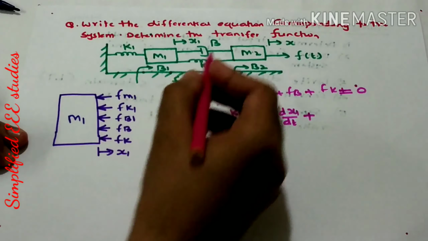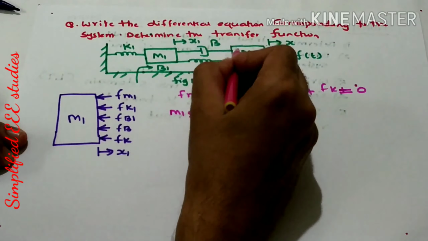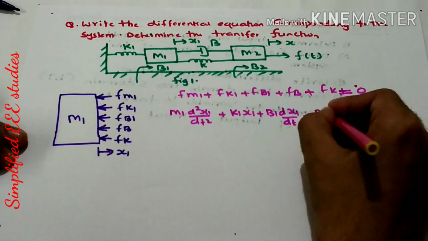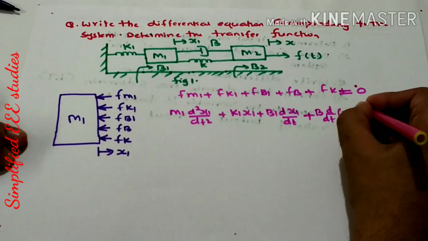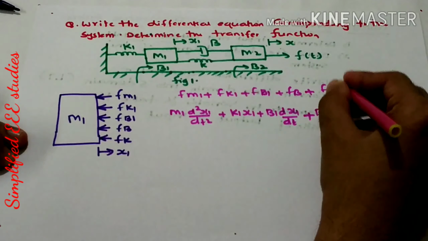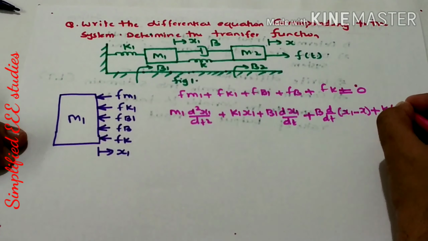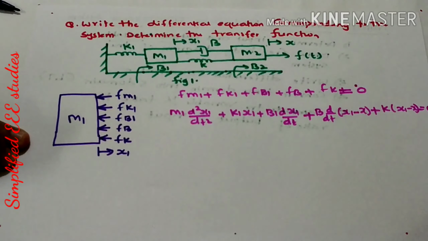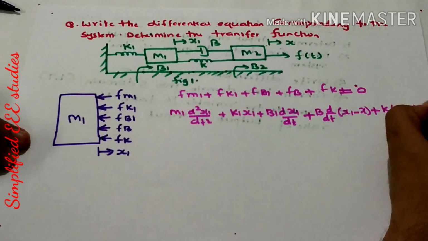Regarding B, B is connected between M1 and M2. So while taking B, that is B into d by dt of x1 minus x, plus while taking K, Fk, you can write K into x1 minus x, that is equal to 0.